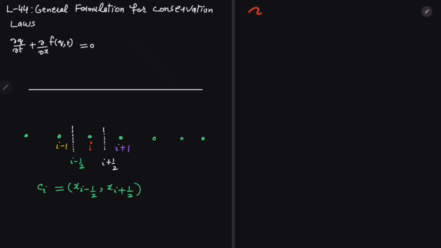From calculus 1, we have one definition of average. The average of f is defined as 1 over (b minus a) times the integral from a to b of f(x) dx.